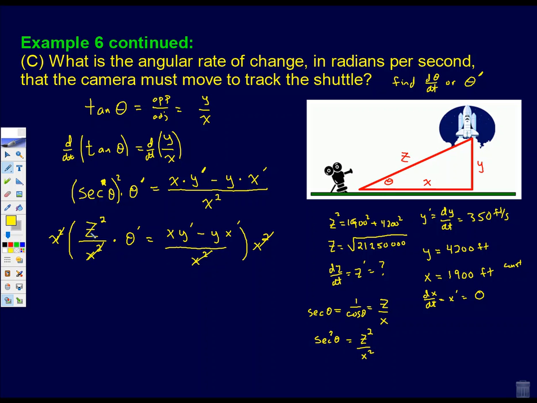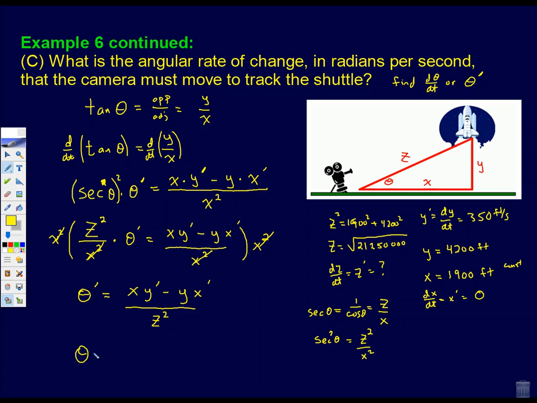So now z squared theta prime is the entire left side, and then x y prime minus y x prime on the right. If I just divide everything by z squared now, it's going to give me my theta prime: x y prime minus y times x prime, all over z squared.